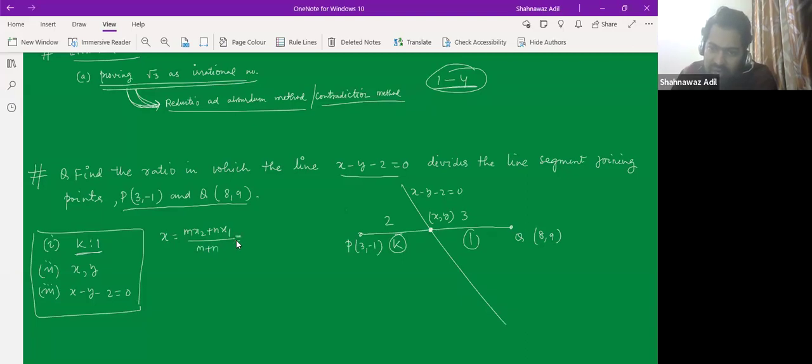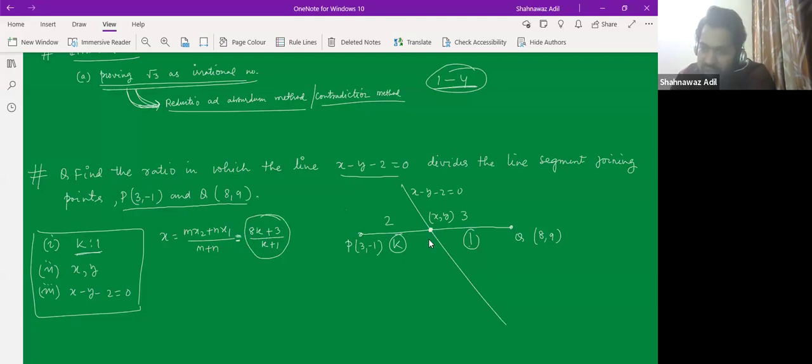We don't have to be afraid of so many numbers. So m is k and x2 is 8, so 8k plus n is 1 and x1 is 3, divided by k plus n. So this is our x coordinate.